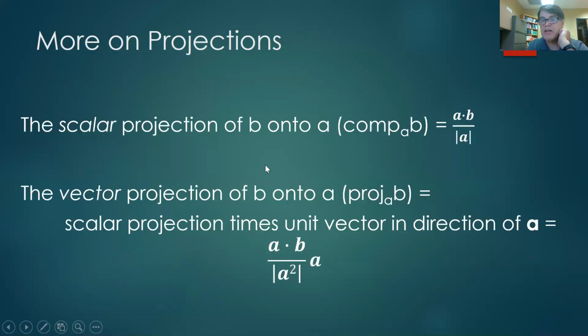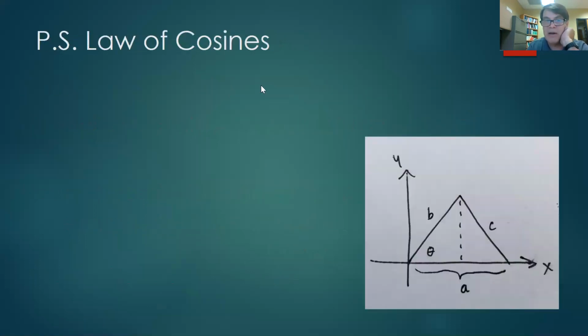Okay. The law of cosines, I thought I'd slide this in here because I don't remember this. I must have known this at some point when I was in high school. Maybe I didn't. But I thought this was really neat, and it's mentioned in one of the proofs in this section. So this is an appendix. So the law of cosines basically says, now this is not a right triangle, so it's not a simple a squared plus b squared equals c squared. But how do I find c in a situation where I don't exactly have a right triangle?